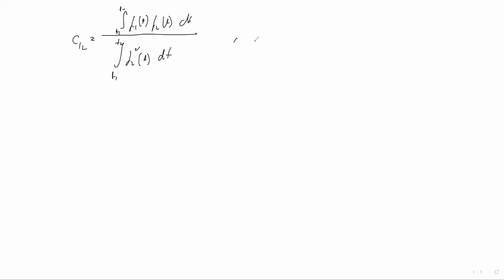If you compare with the vector analysis, in the vector case we have b1 dot b2 by b2 whole square. Here also you can compare. The dot product has come as an integration of the multiplication, with b2 as function f2 and b1 as function f1.